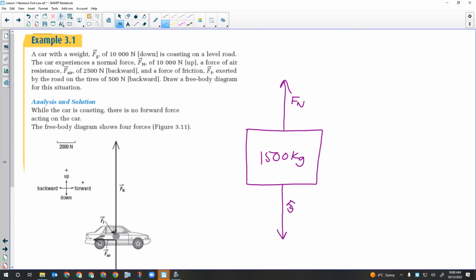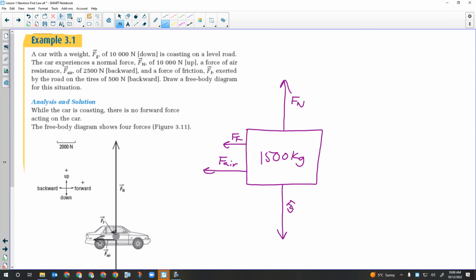Most of the time we combine those into one combined frictional resistance force, but we can draw it this way as well. So this would be the force of friction, and this would be the force of air resistance.